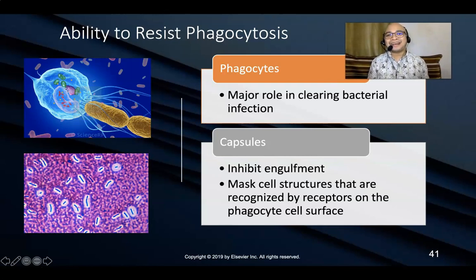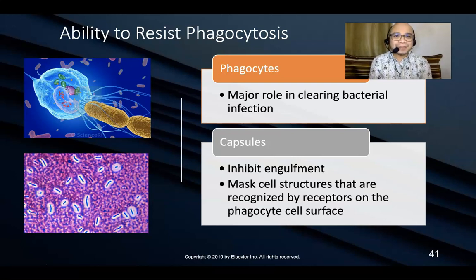We all know for a fact that phagocytosis is one of the natural defense mechanisms of our body. There are natural phagocytes in our body. These are the neutrophils and the macrophages, and some of them, such as the macrophages, may even work as an antigen-presenting cell. So these phagocytes play a major role in clearing bacterial infections.